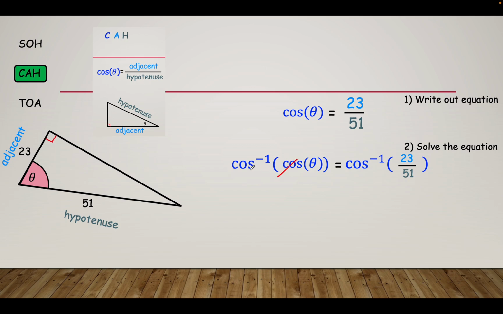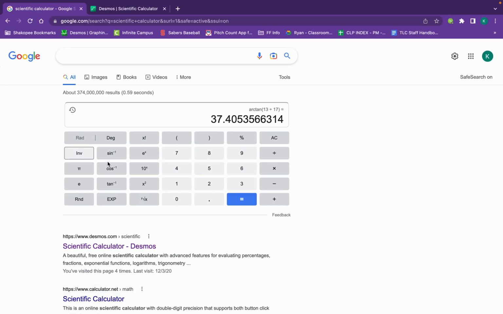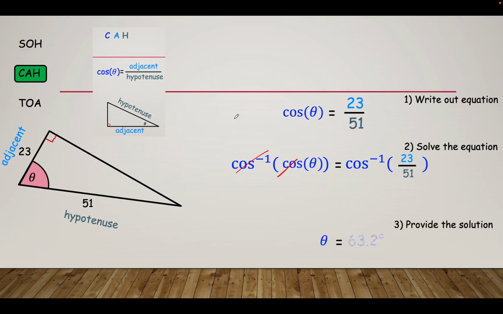So this is going to cancel out, leaving us with just theta. Need to use our calculator. So again, we use the inverse cosine of 23 divided by 51. 63.19, because this number is bigger than 5, we bump that up to 63.2.